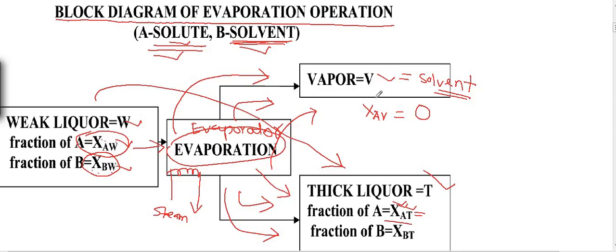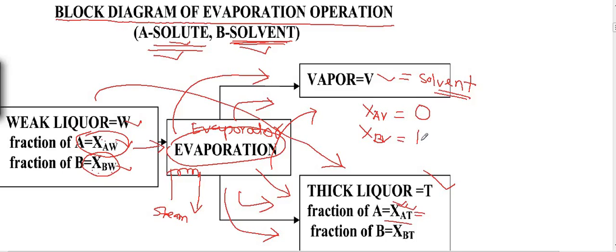Therefore, for the vapor composition, xAV will be 0, while the fraction of solvent in vapor will be 100%, that is 1.